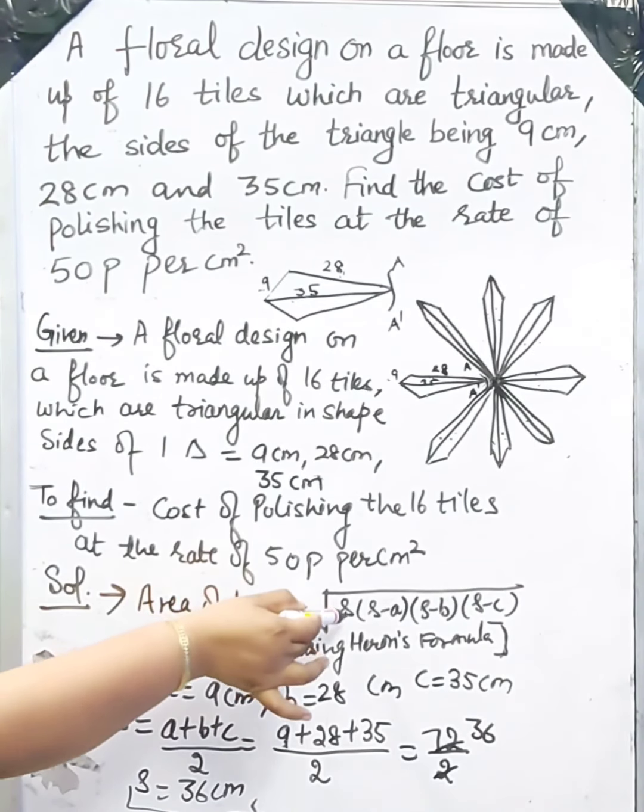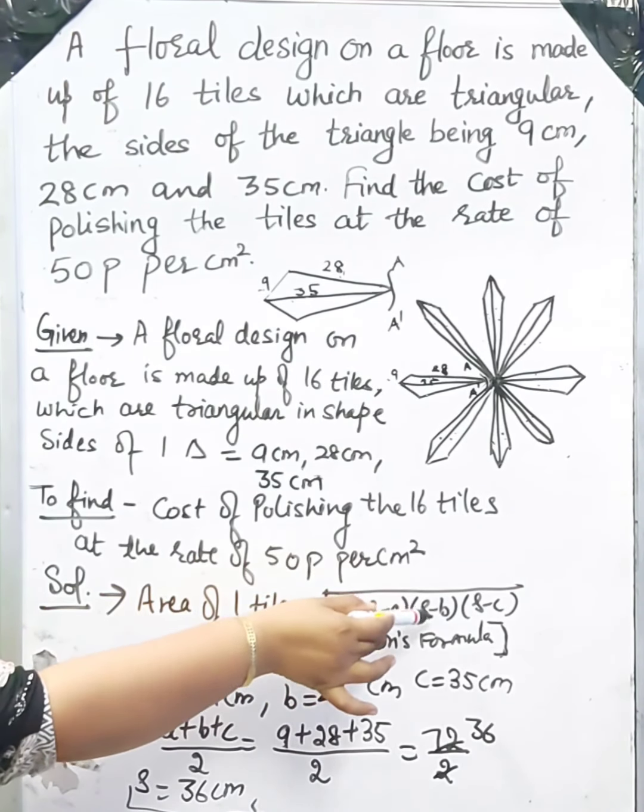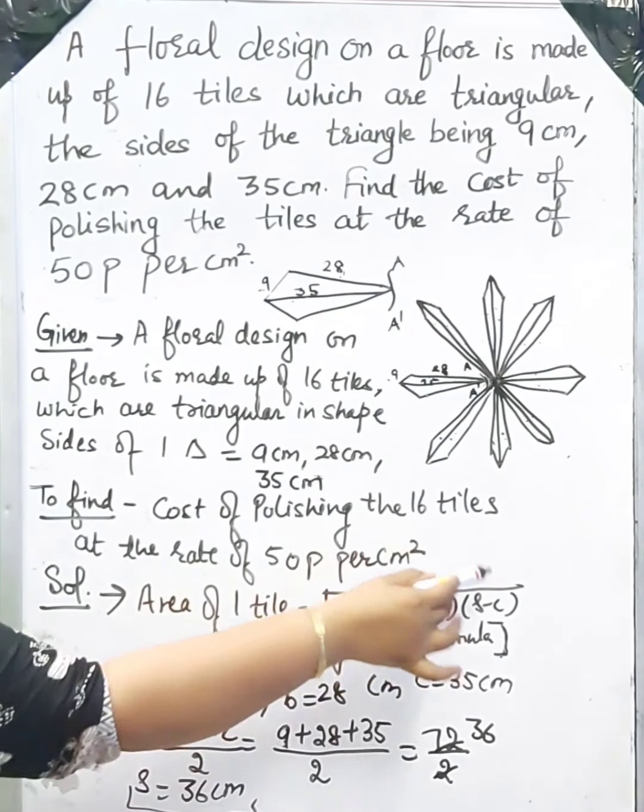Now in the next step we have to put the values of s, a, b, c under this square root.